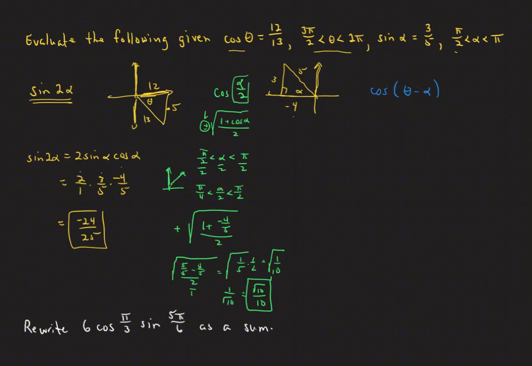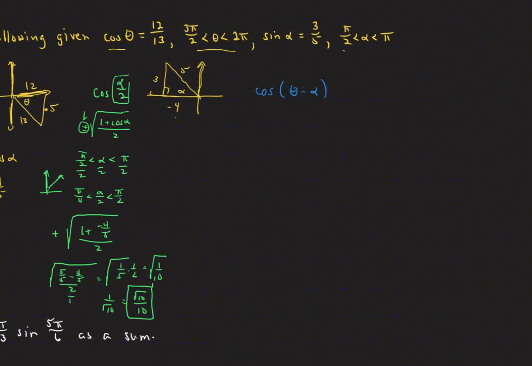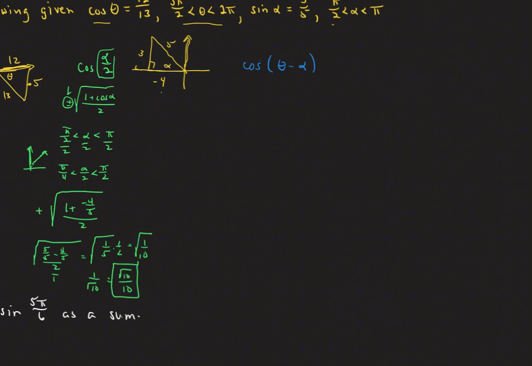Now, I'm going to slide this over a little bit. So the cosine of theta minus alpha, we're going to think of as cosine of u minus v. And in our formula sheet, that says that cosine u minus v is cosine cosine plus sine sine.